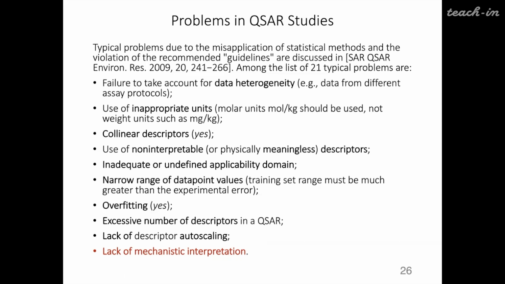As for example, some compounds in a wide data set can be toxic via one mechanism, and some compounds can be toxic via the second. So we should not combine them, and this is the key part of dataset construction in QSAR studies.